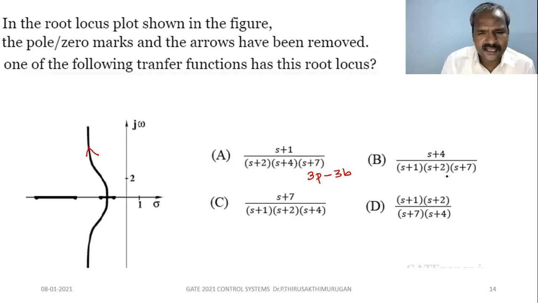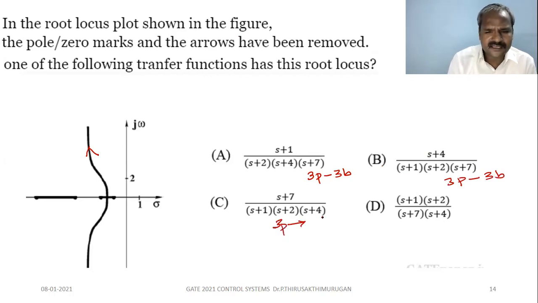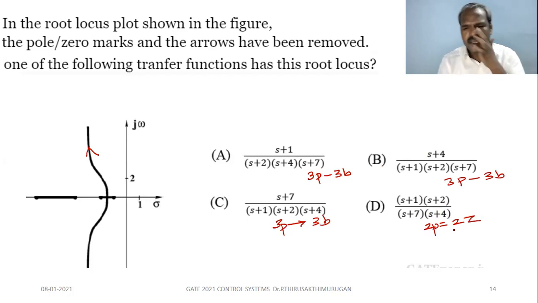This also has 3 poles, so 3 branches. This also 3 poles, 3 branches. Whereas here only 2 poles and 2 zeros, so there should not be any branch for option D. So option D is absent.